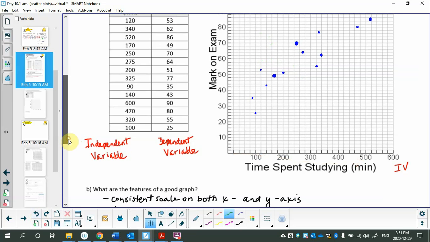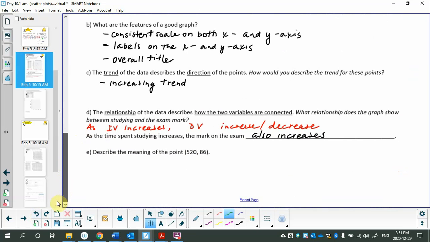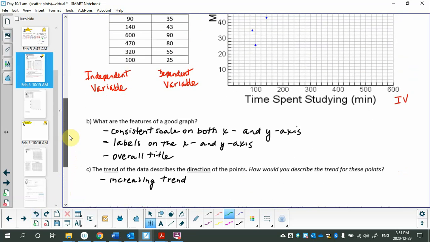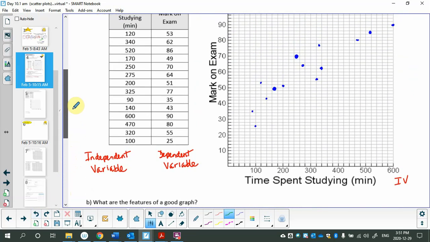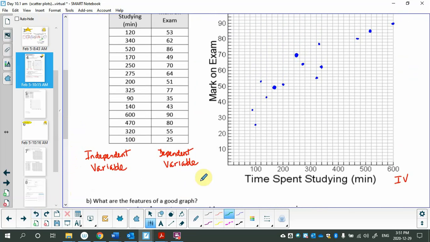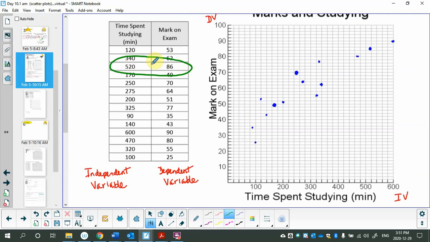There. And then the last question says, describe the meaning of the point 520, 86. So first thing I want to do is check to see, is it in here? Yes, it is in here. So I'm not making up a new piece of data. It's sitting right here. So when I take it out of the chart, I can say 520, 86.